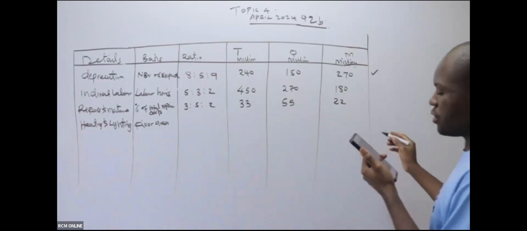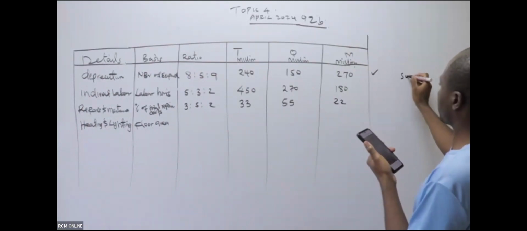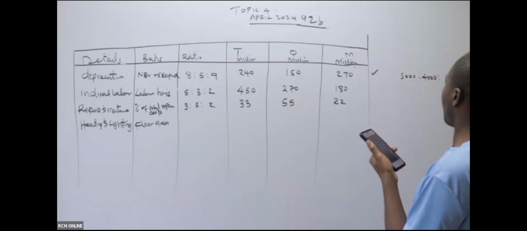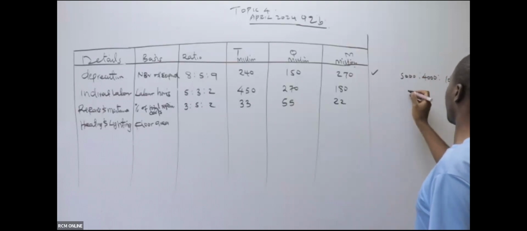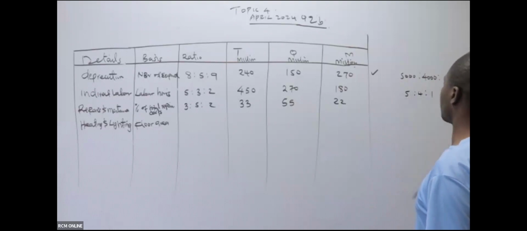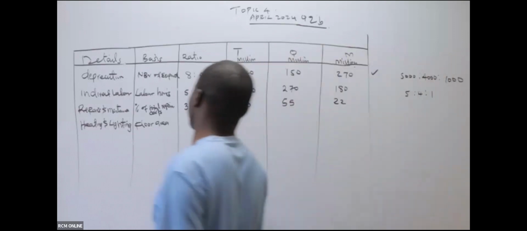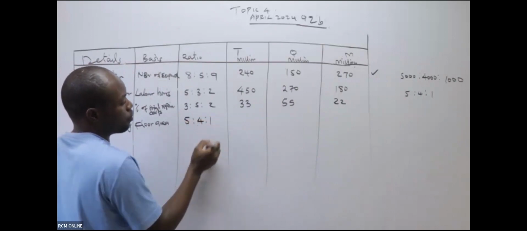So we have T, Q and M, 5,000 to 4,000 to 1,000. So let's eliminate the zeros because they have a common number of zeros. So that is 5 is to 4 is to 1. Any common divisor we don't have, right? So we'll just pick it and bring it here.